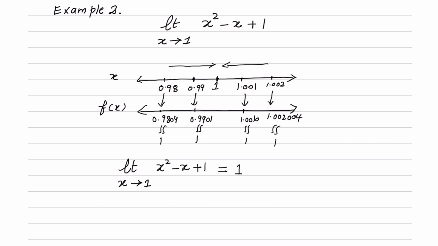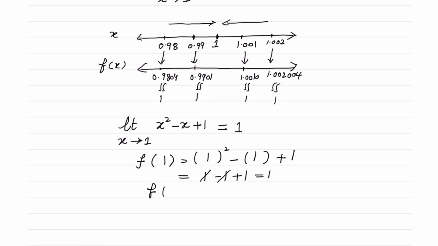Now let's find the value of the function calculated exactly at 1. For this, we will consider the function x square minus x plus 1, and in the places of x we will plug 1. We can see that the value of the function exactly at 1 is 1.